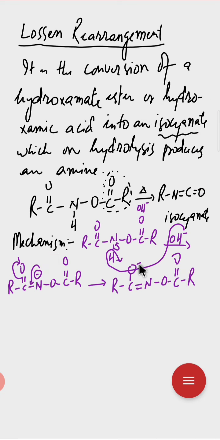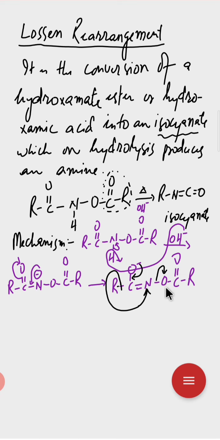When these 2 electrons form a pi bond here, this bond is again broken, and the alkyl group shifts from carbon to this nitrogen atom, and then this bond is broken, and the 2 electrons will go to the oxygen atom, right?